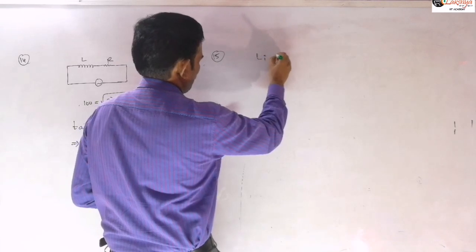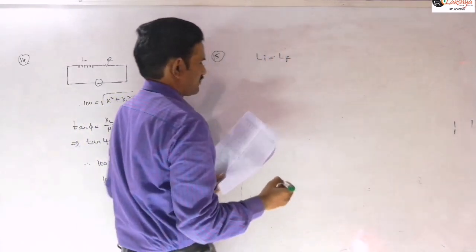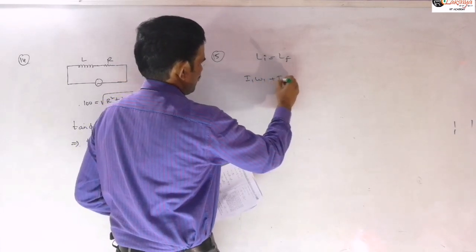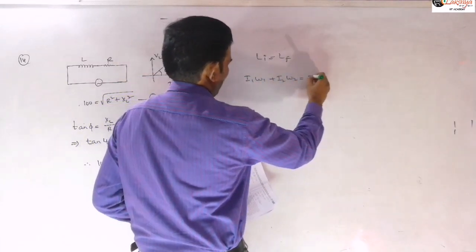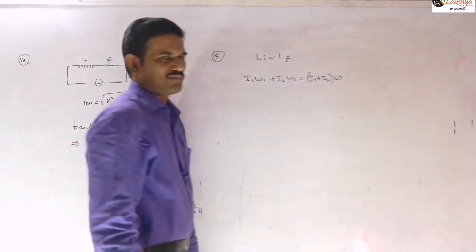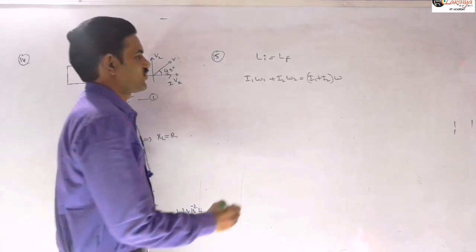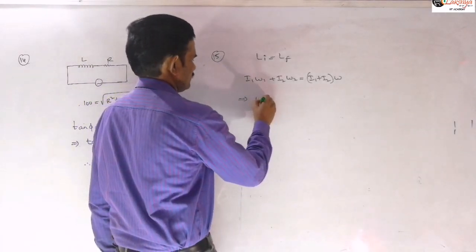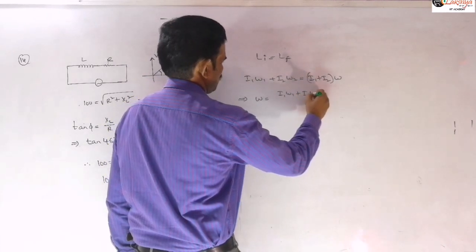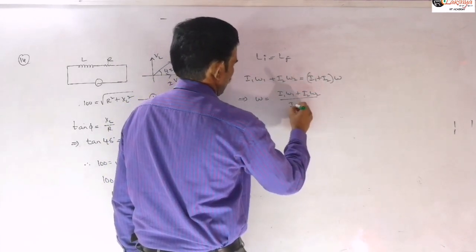So initial angular momentum is equal to final angular momentum. Initial angular momentum is I1 omega 1 plus I2 omega 2, which is equal to I1 plus I2 into omega, since both will rotate with the common angular velocity omega. Therefore omega is equal to I1 omega 1 plus I2 omega 2 by I1 plus I2.